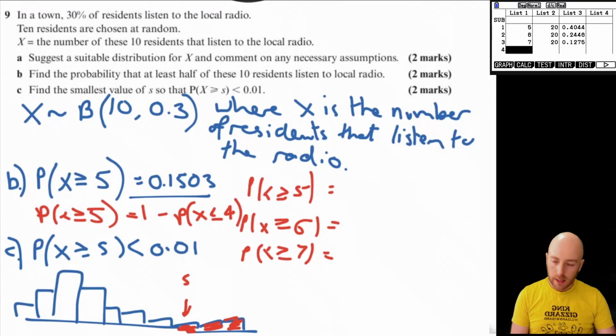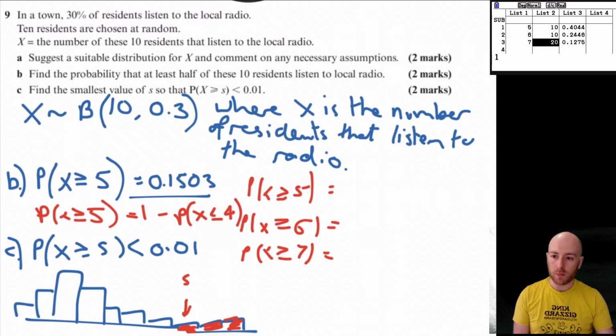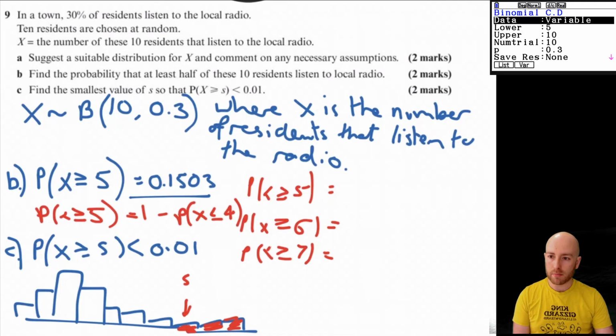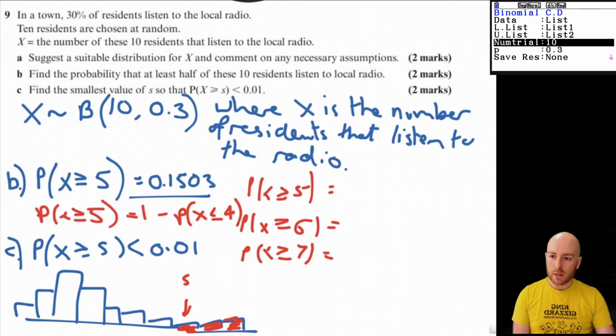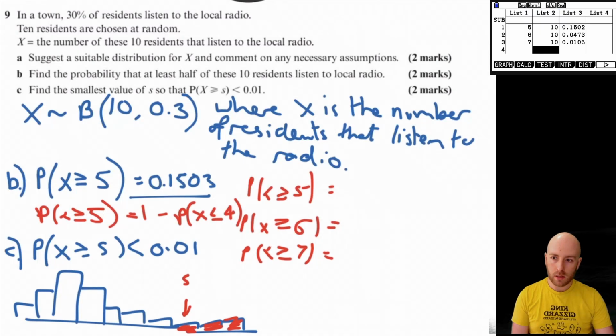And again, 10 is the highest, so put 10 in. Cool, distribution. Binomial BCD, make it list again. List 1, yep, list 2, yep. Save results, list 3. Equals, exit, exit. There's our probabilities.